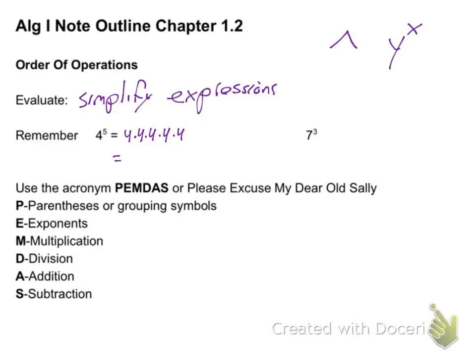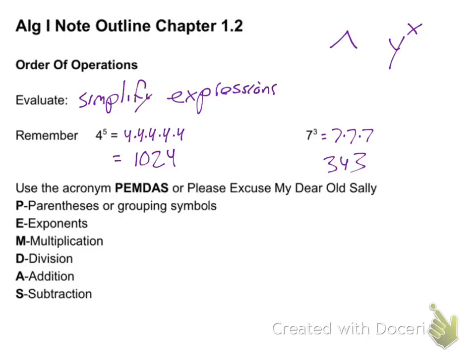Or y to the x. So what is the answer to 4 to the 5th power? Abby? How much? 1,024. And 7 to the 3rd power is just 7 times 7 times 7. Or 21 times 7. Chuck? 343.